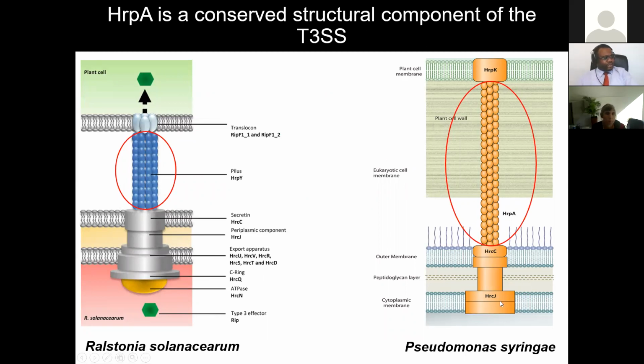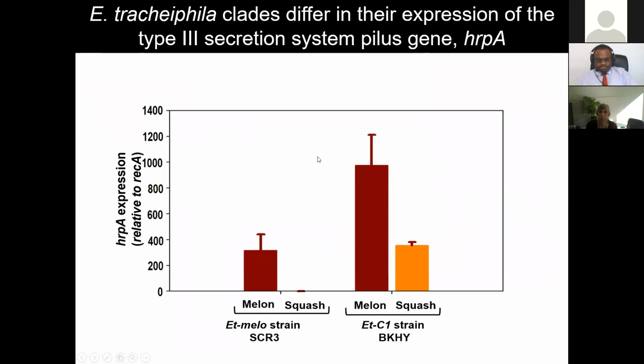It's like a pipe, like a straw, that is required by the type III secretion system to secrete effectors into the host cells. So if this pipe is missing, it prevents those effectors from being secreted into the host cells.